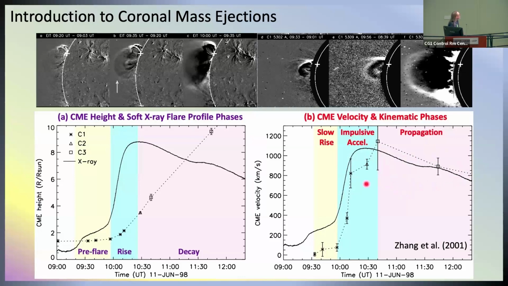The fact that these two sets of intervals are so closely related means whatever the mechanism of energy release associated with the flare curve has got something to do with the mechanism of energy release associated with accelerating and erupting this whole structure, blowing out the whole part of the solar atmosphere above it.